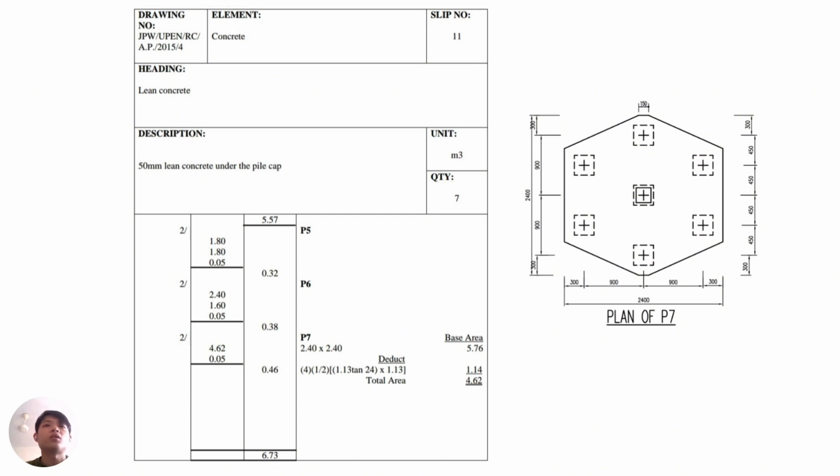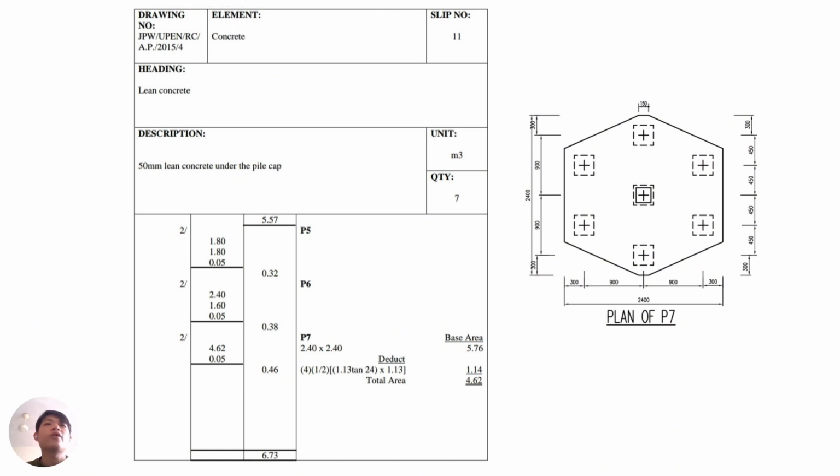First, we assume it as a square. Then the base area of P7 will be 2.4 times 2.4, and we need to deduct the area of the four triangles, which can be calculated using the triangle formula: half times the length, which is 1.13, times the height, 1.13 tangent 54, and multiply by 4 because there are 4 triangles we need to deduct.